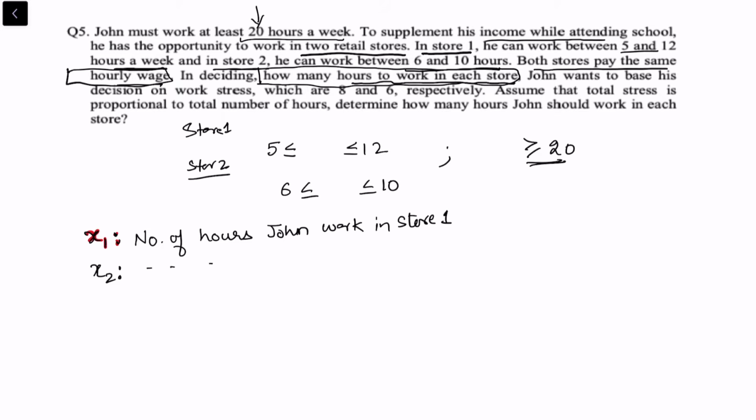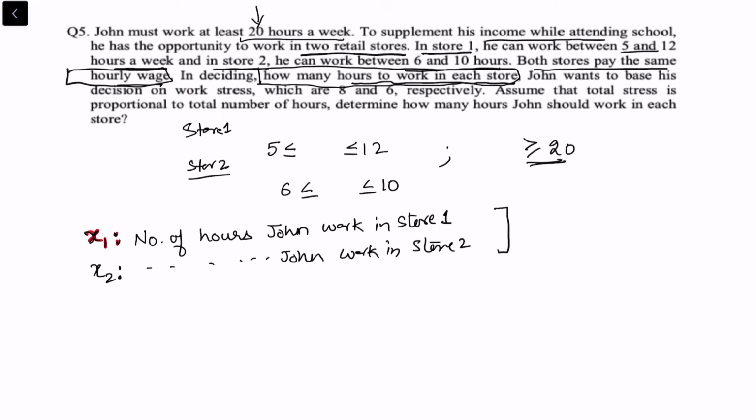And then X2, the number of hours John works in store 2. While finding the optimal solution, they may come out to be the same, but initially, while deciding, it is not said that he is working an equal number of hours.